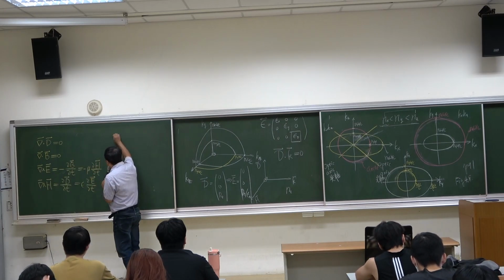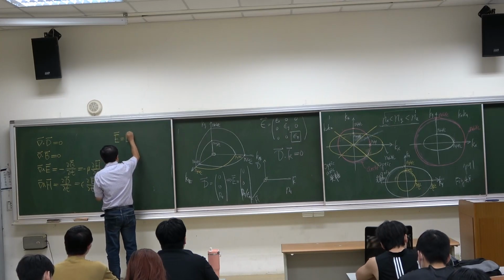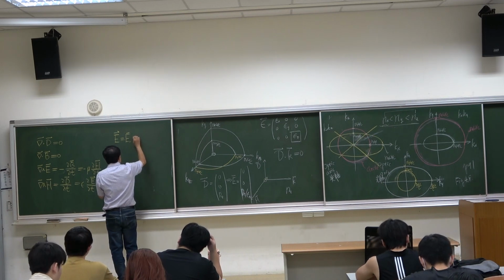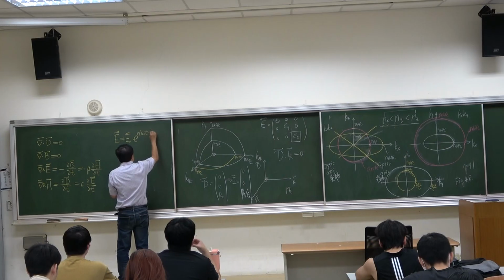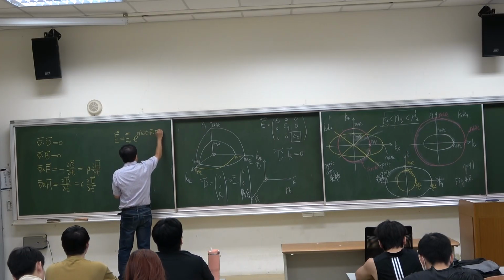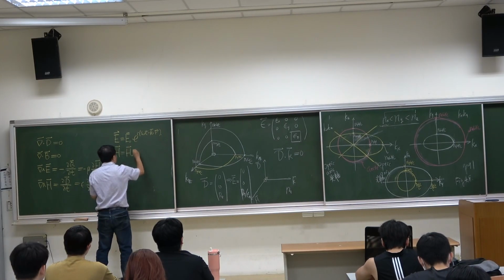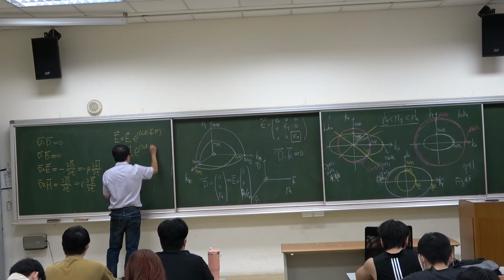we substitute E as E0 times exponential i omega t minus k dot r, and H as H0 exponential i omega t minus k dot r.